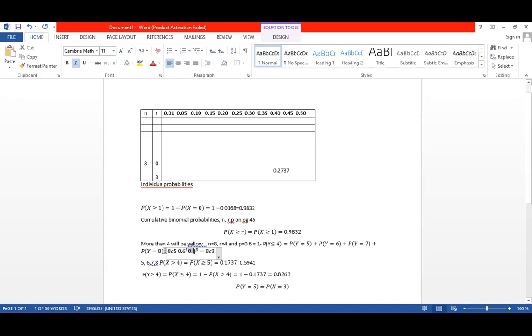Control C, Control V. So this one will come here. Sorry, power 3. This becomes 3. And this one will become power 5. Have we changed anything?